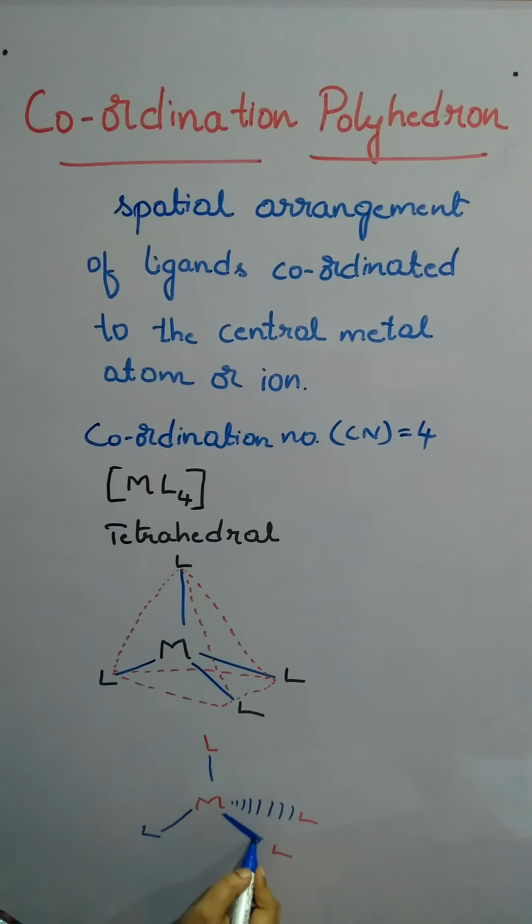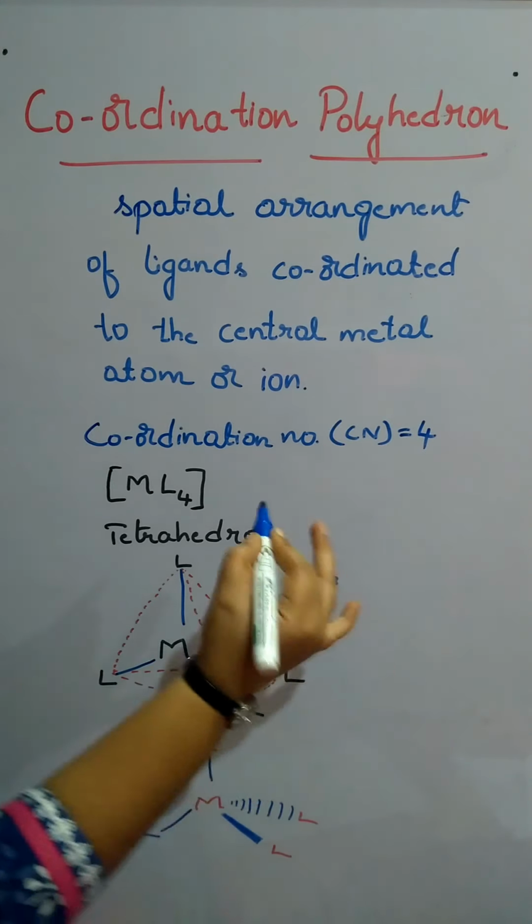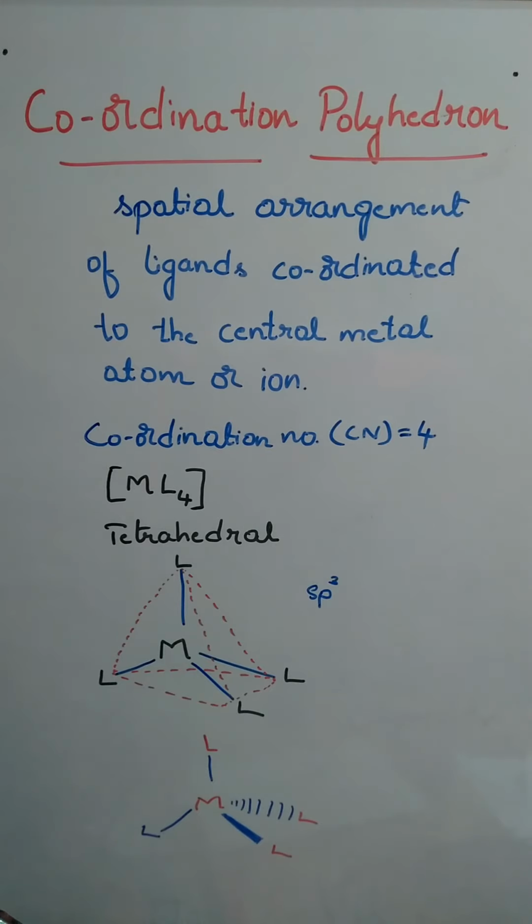This is near to the observer. So this is about the tetrahedral structure, and we know that if the structure is tetrahedral, then the hybridization will be sp3 hybridization.